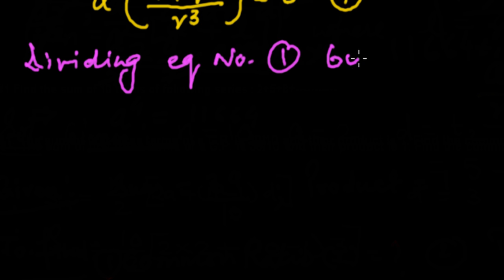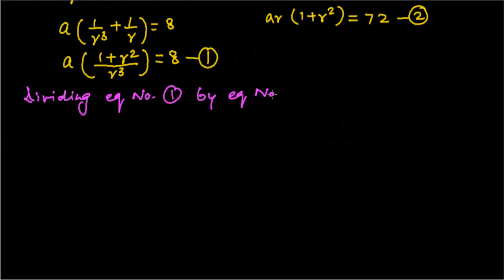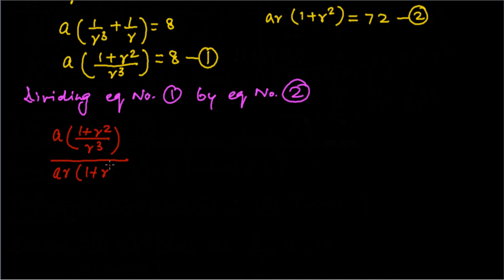Dividing equation number 1 by equation number 2, we get A times (1 plus R square) upon R cube, divided by AR times (1 plus R square), is equal to 8 by 72.